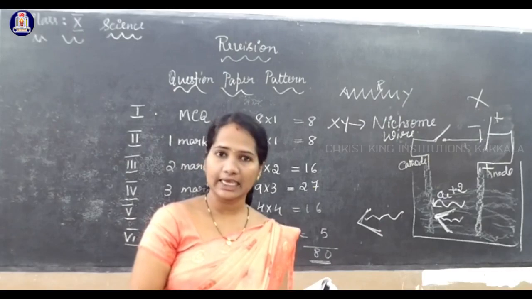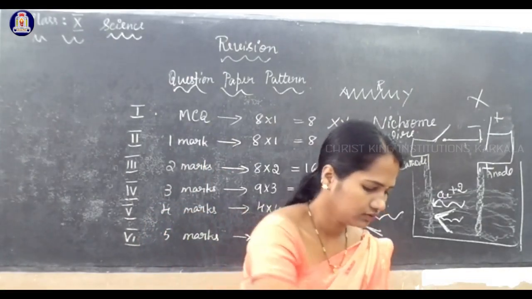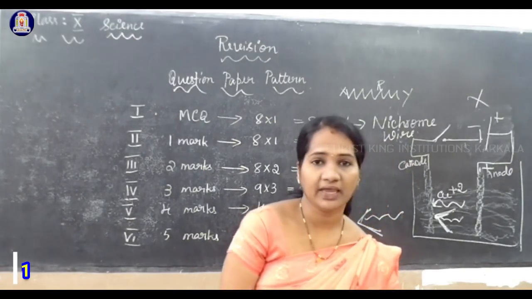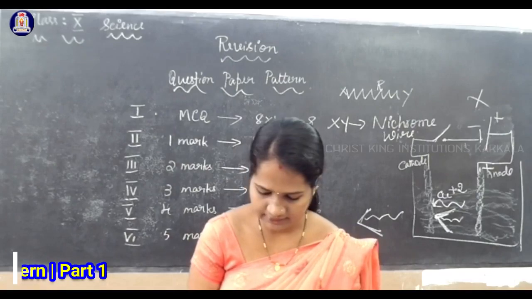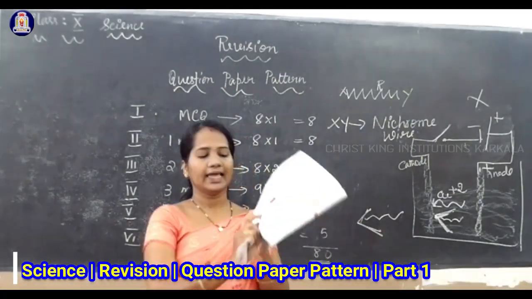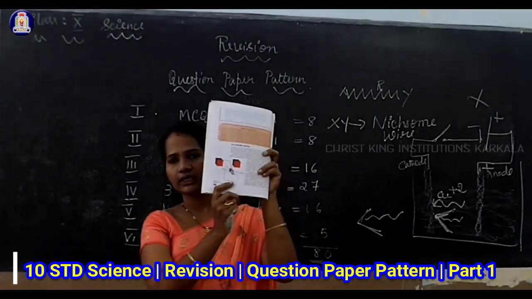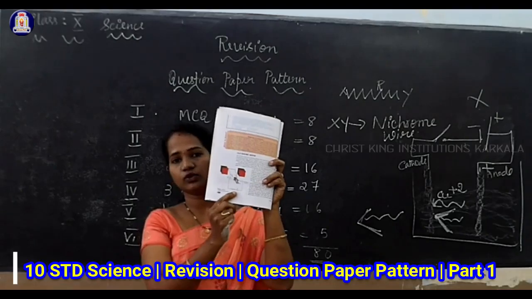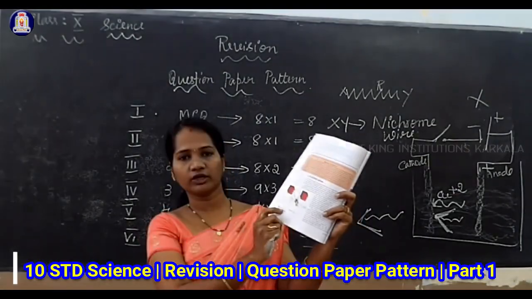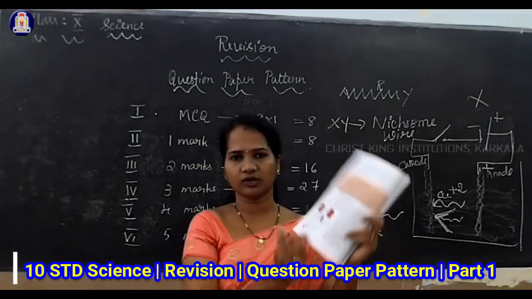Next, in the same lesson, page number 126, that is the electric motor, the diagram of electric motor. This is a very important diagram, can be asked for 2 marks or 3 marks. Electric motor, figure 13.15, page number 126, a simple electric motor.